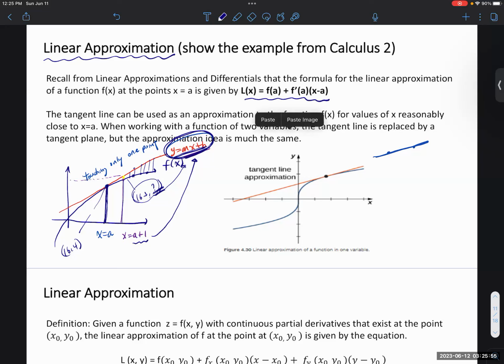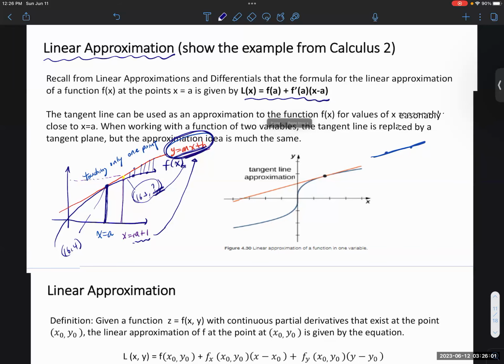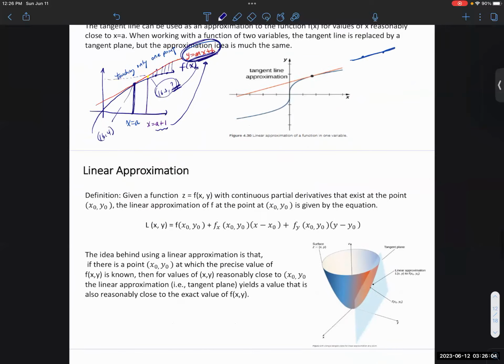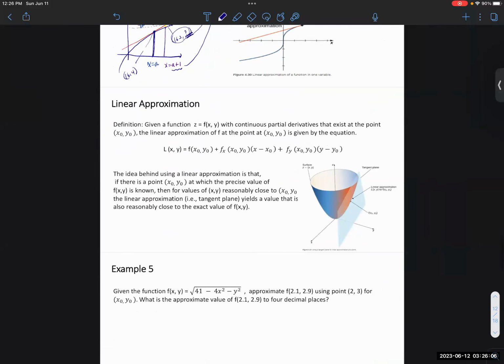What we are doing here in Calculus 3 is the same situation, happening in 3-dimensional space. Let me go down slowly. Same concept here. You have a tangent plane touching one specific point, but by using this tangent plane, you might be able to estimate the next point's information, although it's not correct or precise.